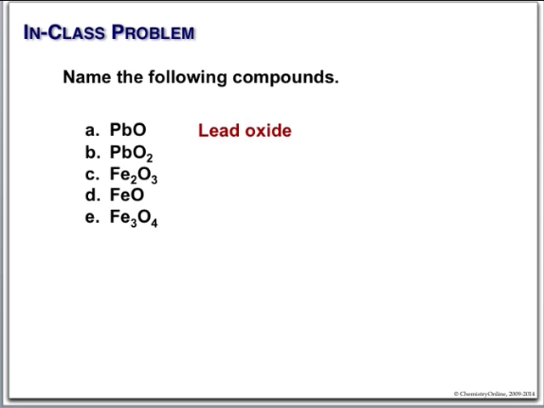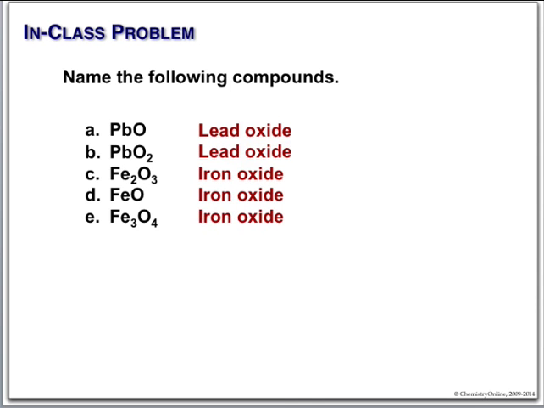That's lead oxide, right? Don't use multipliers because they have metals, they're ionic. So the next one is lead oxide. Oh, really? This is an iron and oxygen. No multipliers, this is iron oxide. And so is that, and so is that. Obviously, we have a problem here, don't we? That's because lead and iron are in the transition metals.